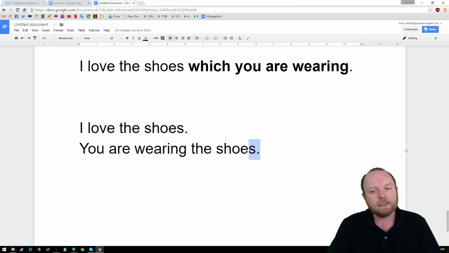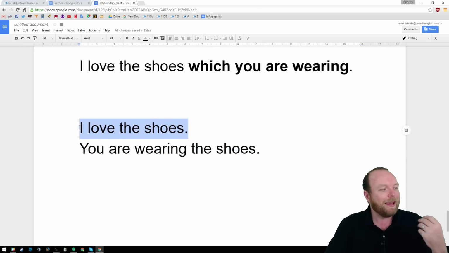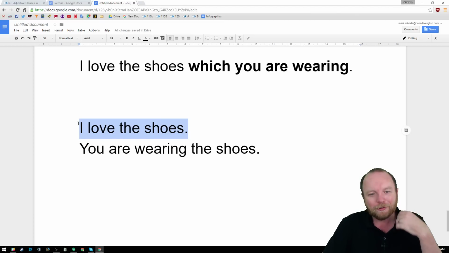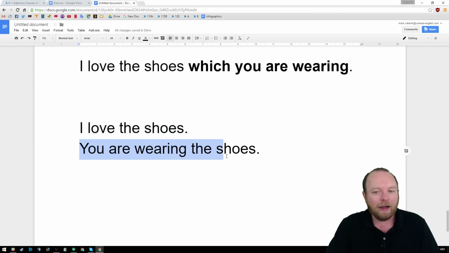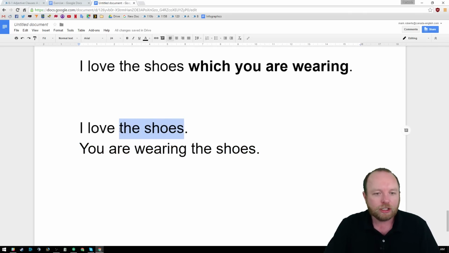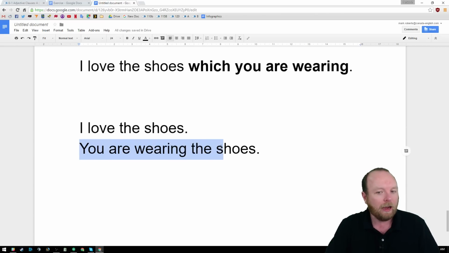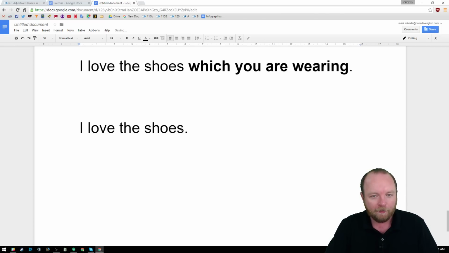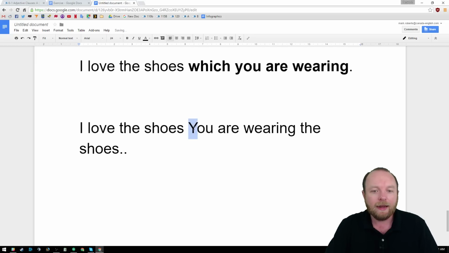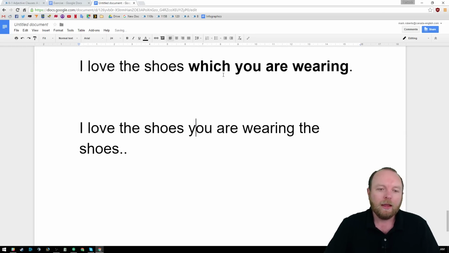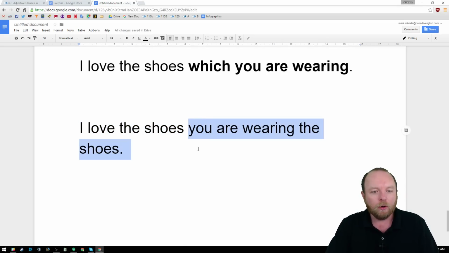Okay, look guys. I love the shoes. This is the main information. And this is my adjective clause. I want to use this information to describe which shoes. Remember, I have to put it beside the noun. But now we have a problem. I love the shoes. You are wearing the shoes.